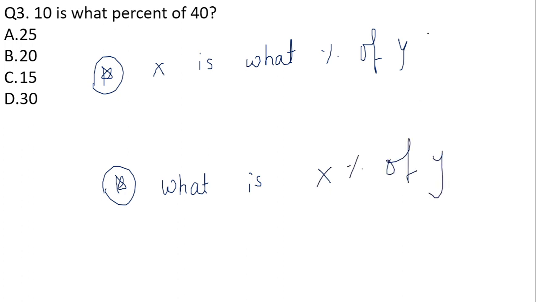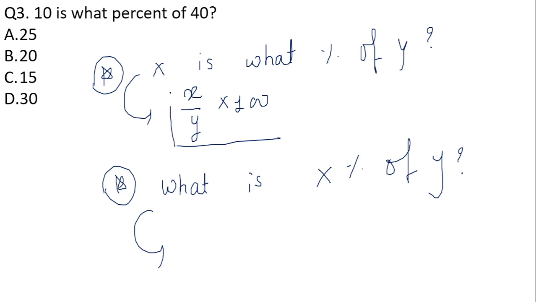These are the two statements that can compulsorily be asked in the questions, so do not get confused. X is what percent of y means x upon y into 100 is the thing that you are going to follow. How come that?